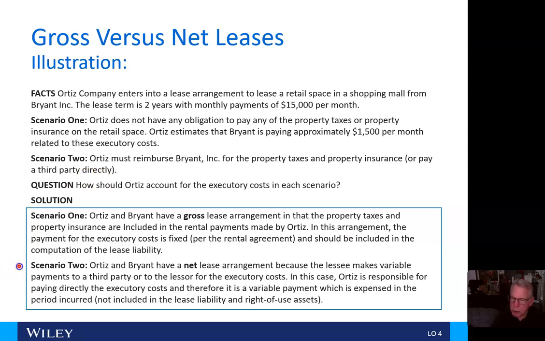In scenario 2, Ortiz and Bryant have a net lease arrangement because the lessee makes variable payments to a third party or to a lessor for the executory costs. In this case, Ortiz is responsible for paying the executory costs directly, and therefore it is a variable payment which is expensed in the period incurred and not included in the lease liability and right of use asset.